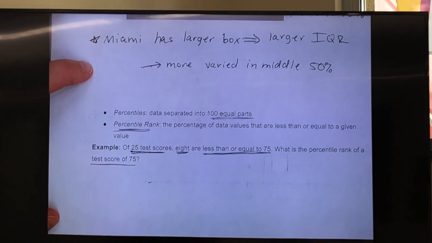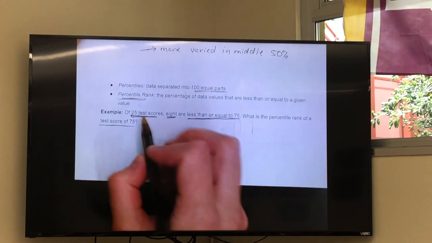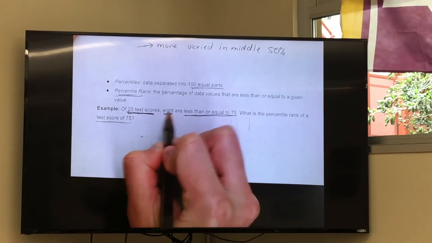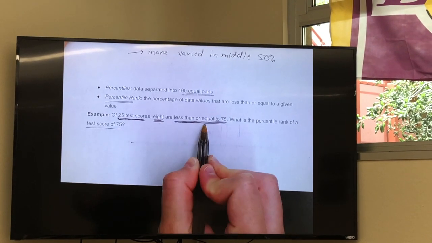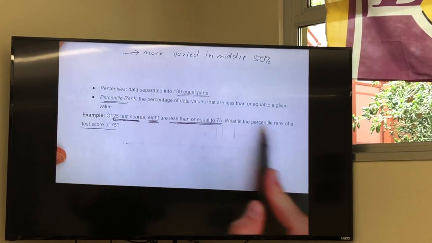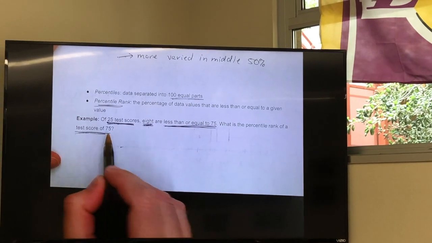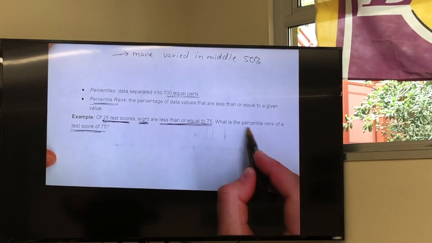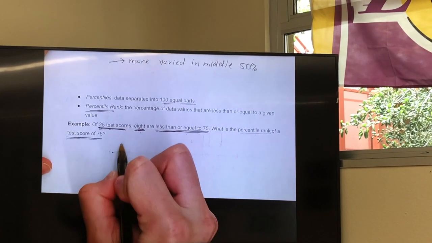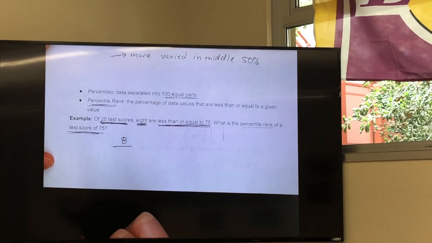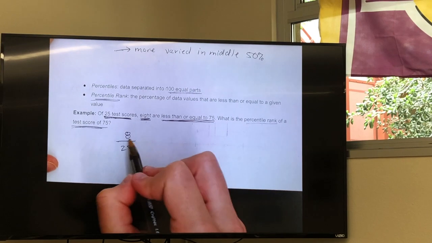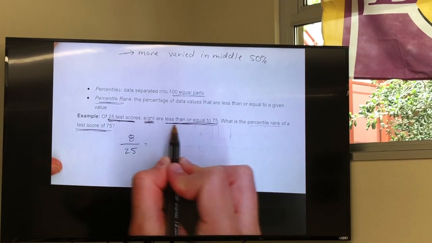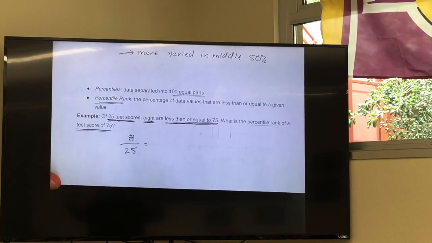Well, kind of confusing here. Let's read it again. Of 25 test scores, 8 are less than or equal to 75. So we know 8 are already less than 75. So where does the percentile of 75 rank for our ranking here? Well, we know 8 are 75 or lower.